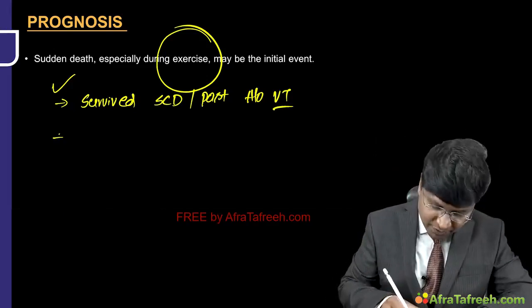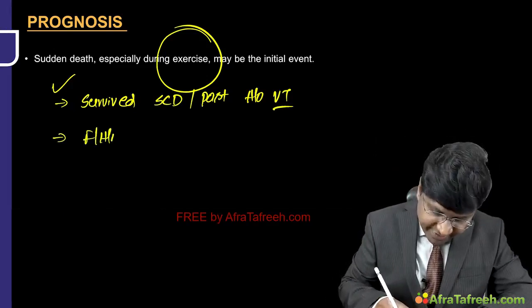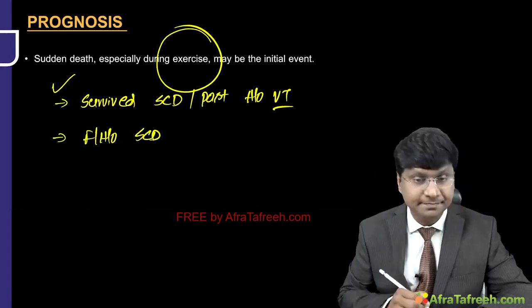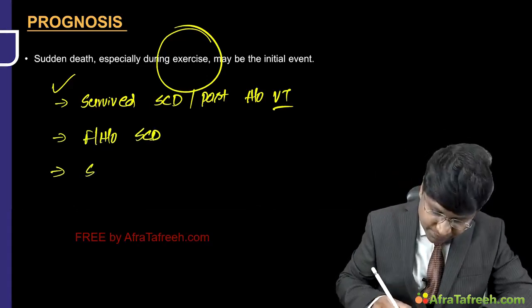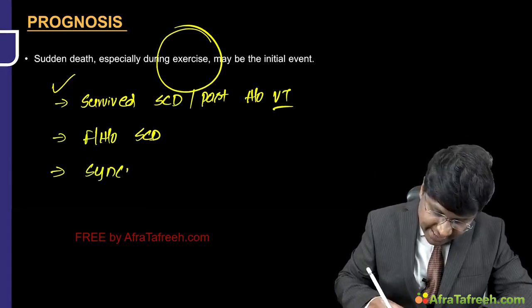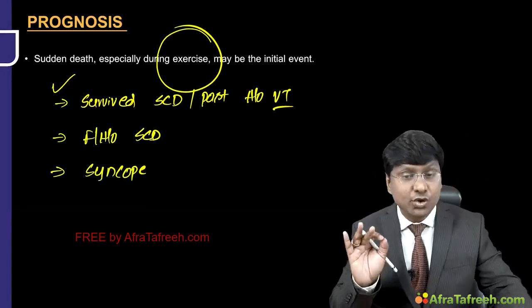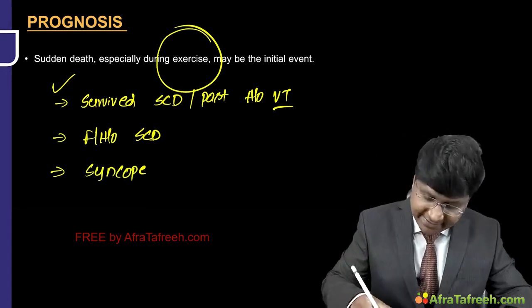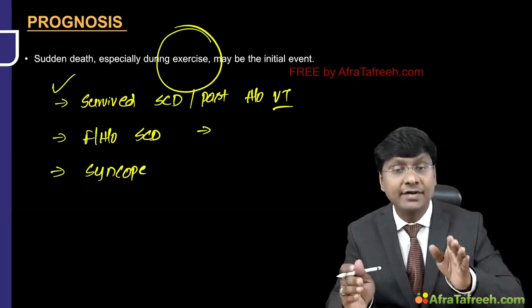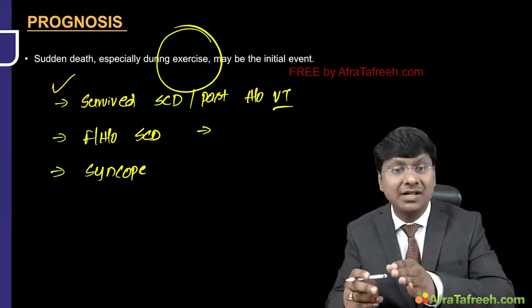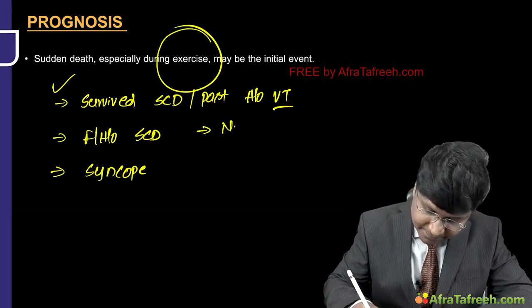Number two, those individuals with family history of sudden cardiac death. Those patients who had an unexplained syncopal attack. Then those patients who have a documented non-sustained VT.